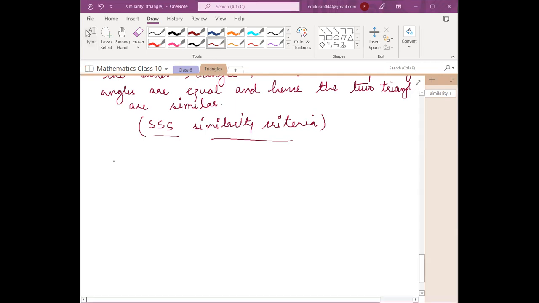So there's one more theorem. Theorem 6.5. Now what does it say?